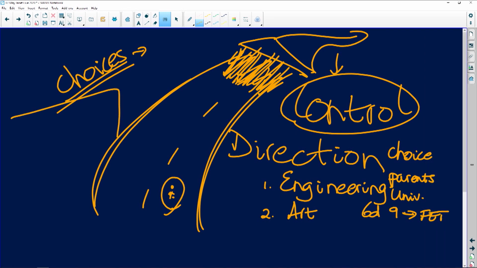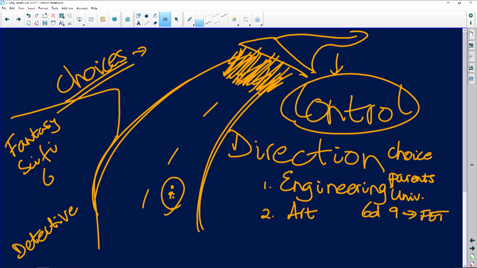I'll put it here. Can we not write things like fantasy? Can we not write science fiction? Can we not write, I'm trying to think of other things. I'm worried about detective. Can we not write a Gothic essay?